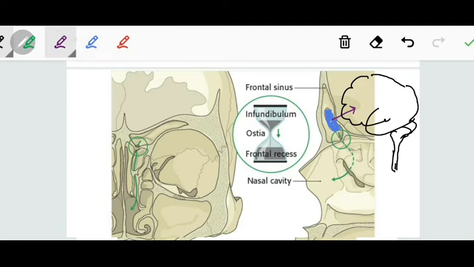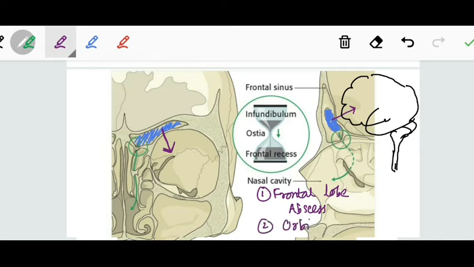Or the pus that has been stored in the frontal air sinus may spread inferiorly into the orbit, leading to orbital cellulitis. So one is the frontal lobe abscess, another is the orbital cellulitis.